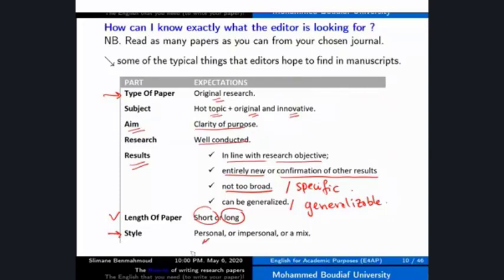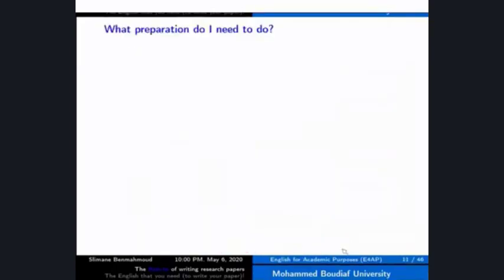If it is personal, you will use I or we; if it is impersonal, you will use the passive voice; or it is a mix of both, where you can use the active and the passive voice. Okay, great.